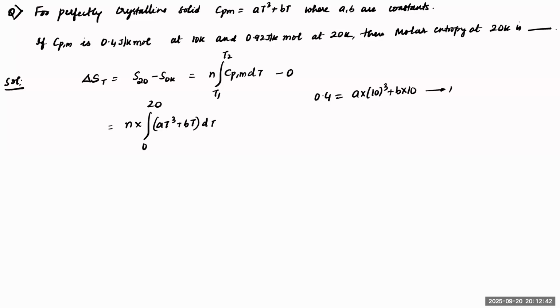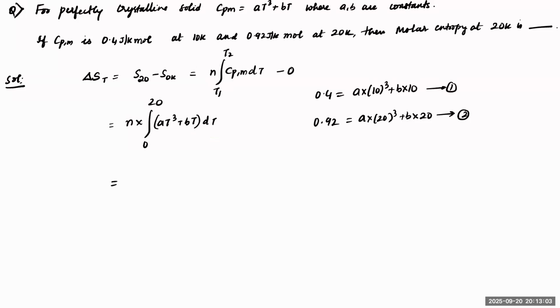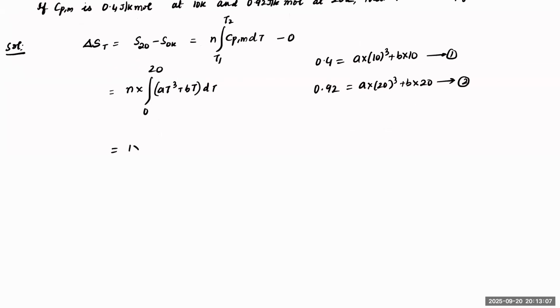This is equation 1. And 0.92 is equal to A into 20 cube plus B into 20. This is equation 2. Once you get A and B, substitute those values and integrate. Since it is molar entropy, N is 1, from 0 to 20.